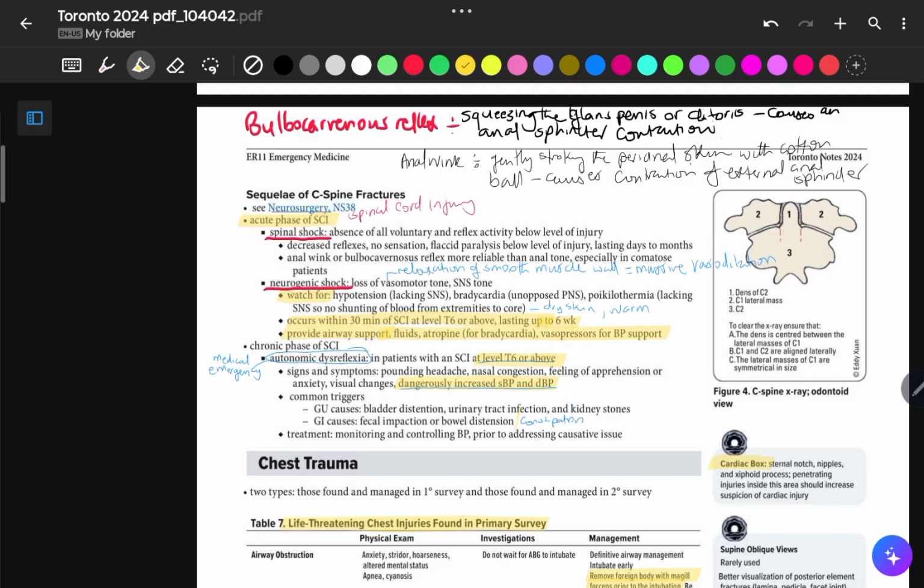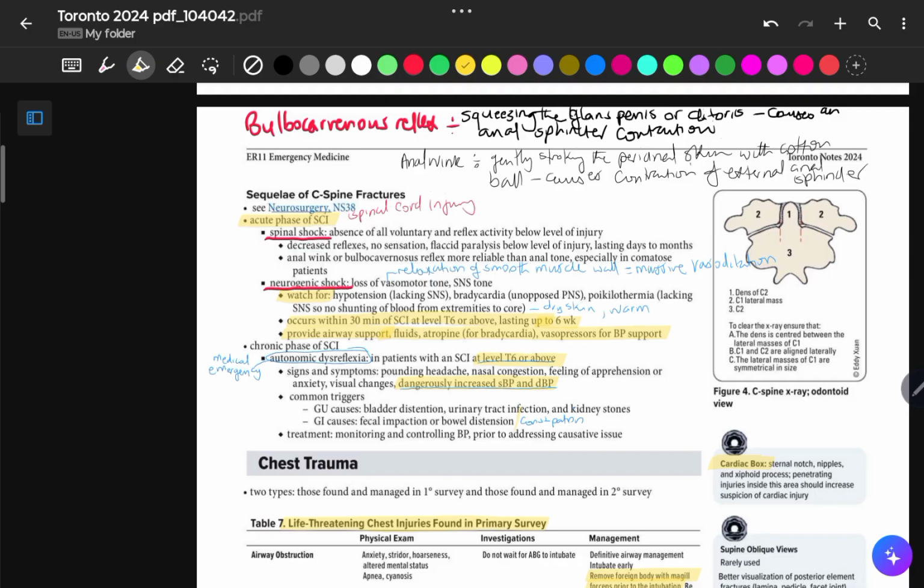So if a patient had an injury from T6 and above, they're likely to present with neurogenic shock, where your sympathetic nervous system is impaired, and this patient has massive vasodilation. All right. So the blood pressure cannot be stabilized. It's going to be low. The pulse is low. Contractility of the heart is low.